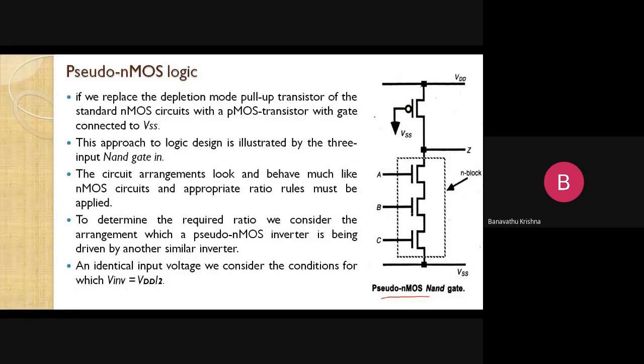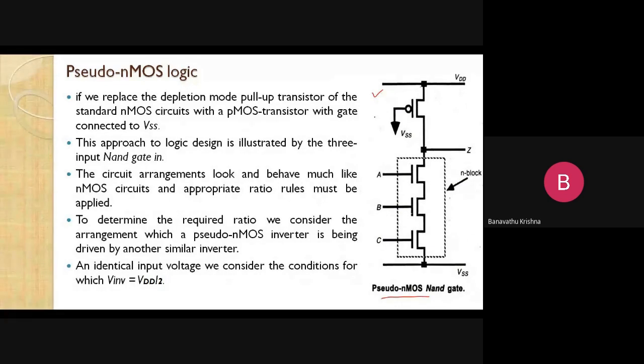In this area, nothing but a depletion mode device, I want to change that by using a PMOS transistor. Why? Because of the ratio problem, the length to width ratio problem. Instead of the depletion mode device, I want to replace it with a PMOS transistor acting as a pull-up device, and the gate of this pull-up transistor is connected to VSS.